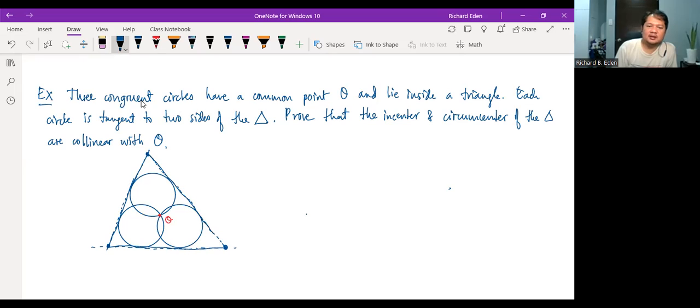So prove that the red point O, the incenter and the circumcenter of the triangle, let's call this A, B, C, are collinear.